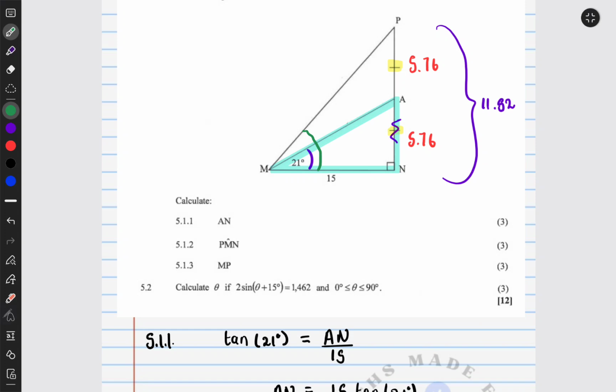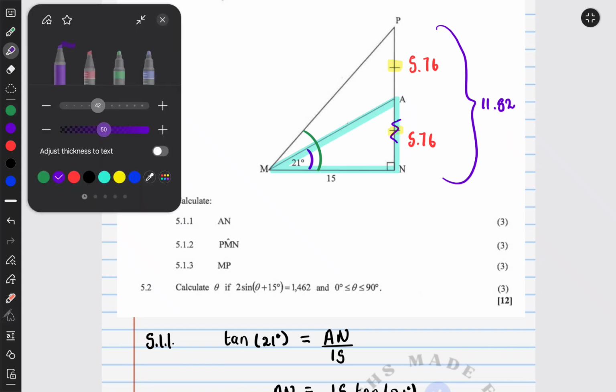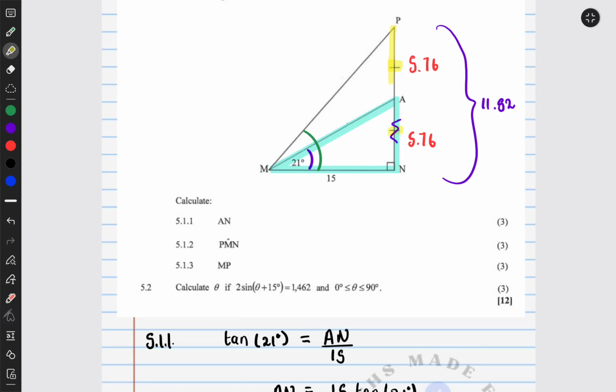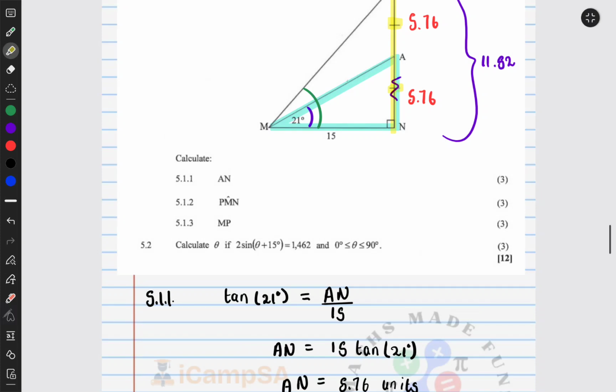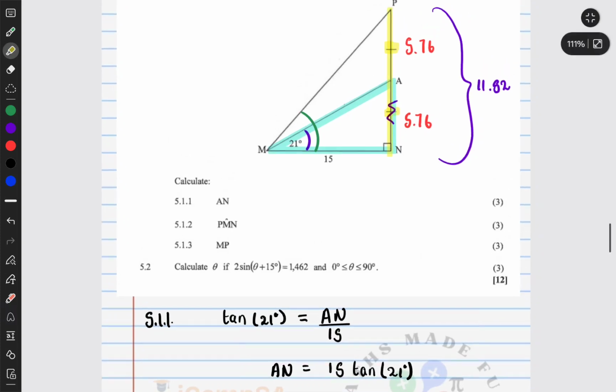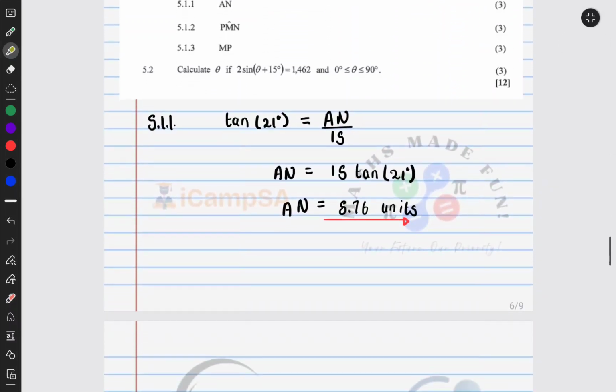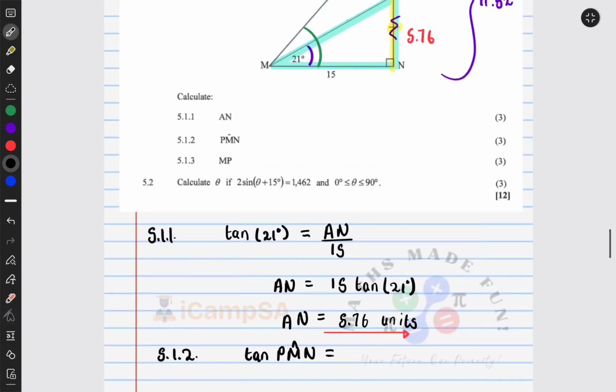Okay, and then next we are asked to calculate the angle PMN. There is now a bigger angle here. What do we have? We have this side, which is 15, and we have the entire side here, PN, which is equal to 11.52. So we have the side that is opposite to angle M, and we have the side that is adjacent. So once again, what do we have to use? We have to use the tangent to determine angle PMN. So we say tan PMN is equal to, what's the opposite side?